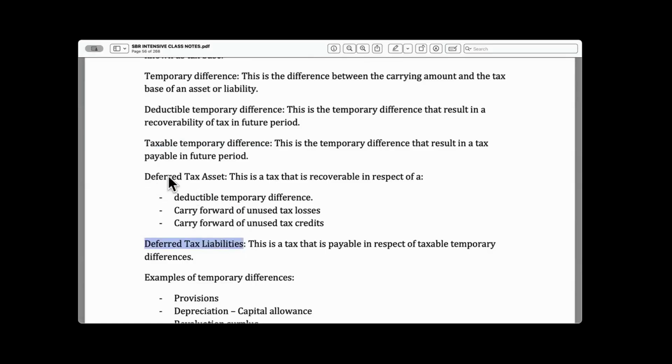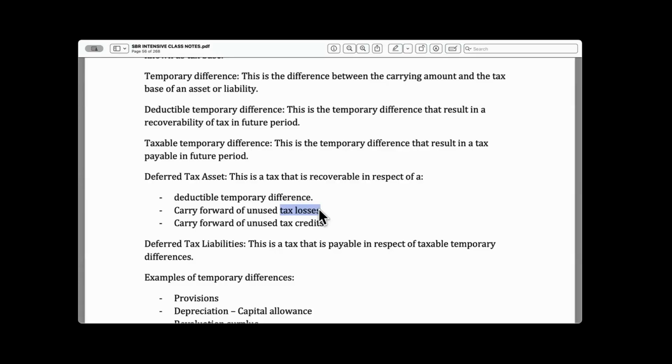And for deferred tax assets, it's not just deductible temporary differences that result in them. It could also be carry forward of unused tax losses or carry forward of unused tax credits. When you have tax losses, the extant tax laws allow you to deduct them against your assessable profit in the future.